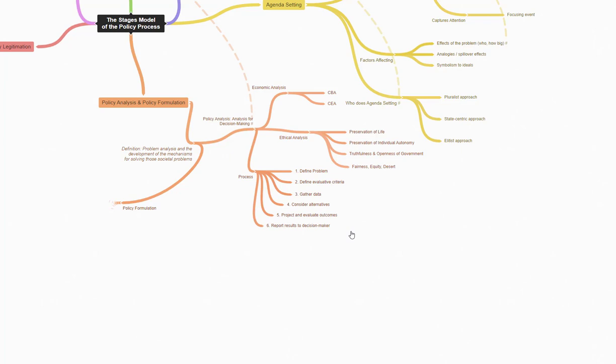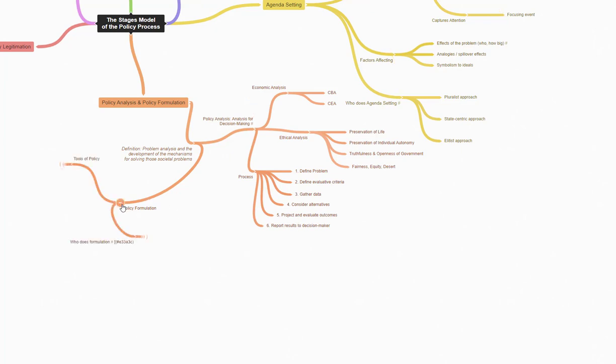They may be economic, they may be ethical. We gather the data, we look at the various alternatives, we project what will happen if we pursue those alternatives, and think about the outcomes that would occur, evaluate them against our criteria, and then report those results to the decision maker. So this is basic policy analysis 101.